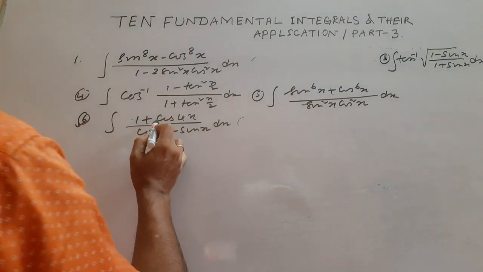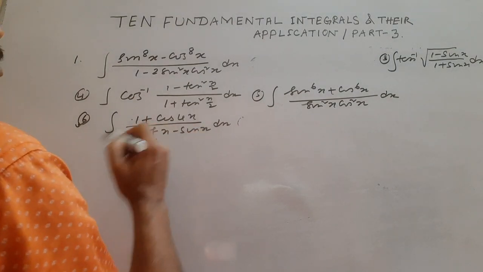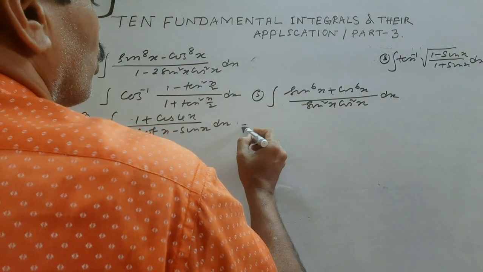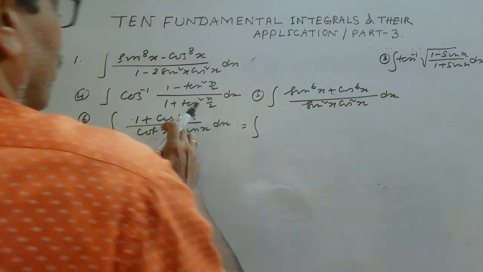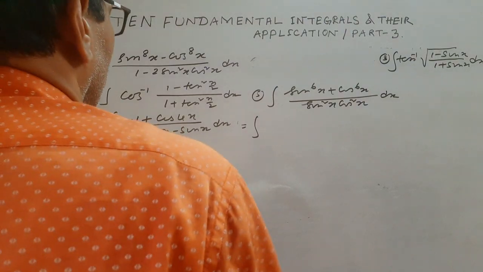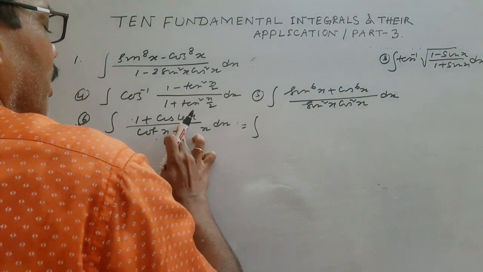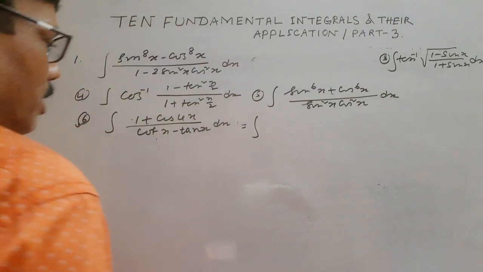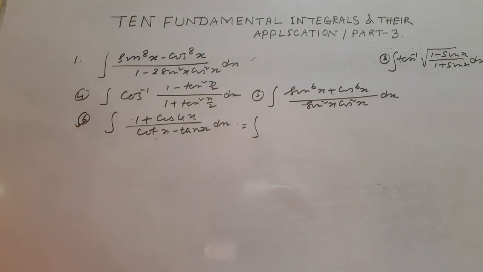So (1 plus cos 4x) into (cot x minus tan x). To simplify, cot x minus tan x.